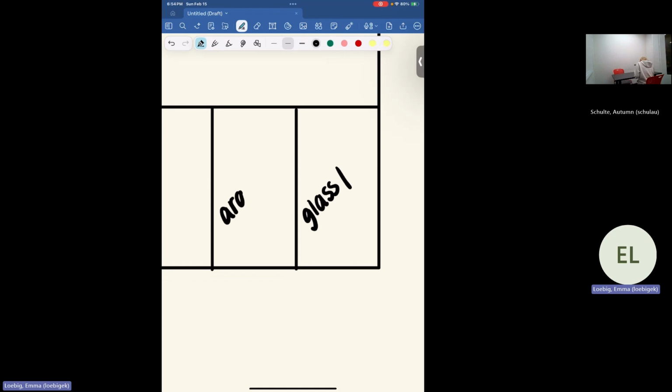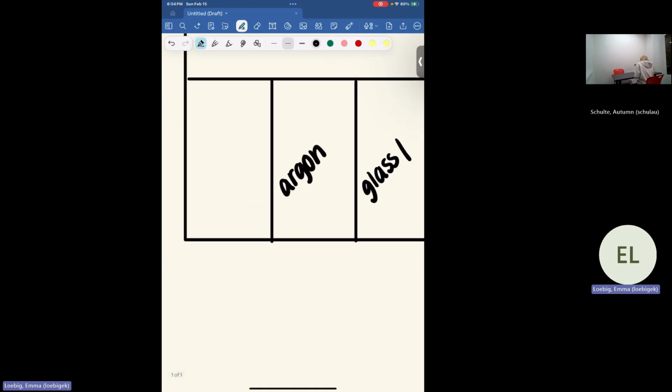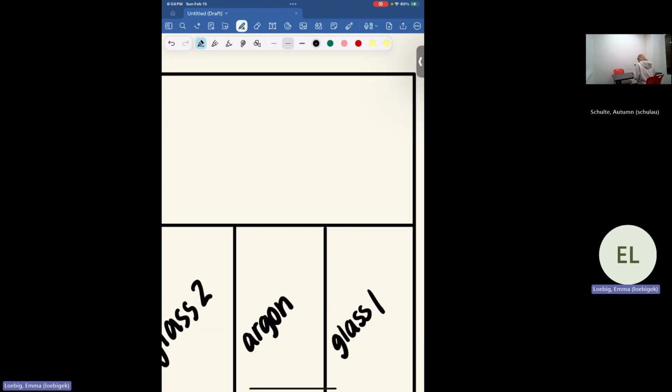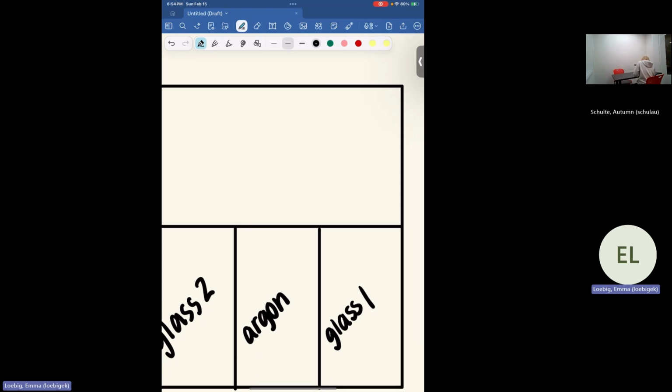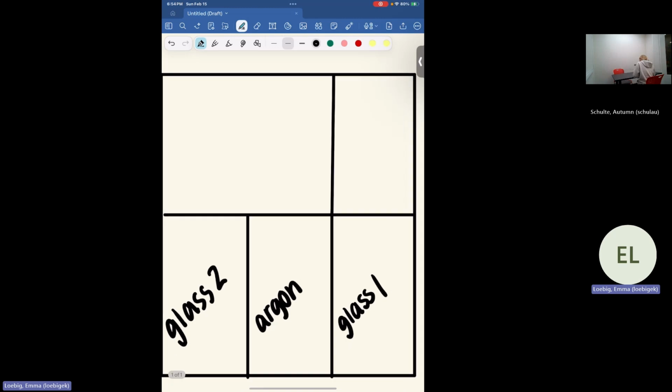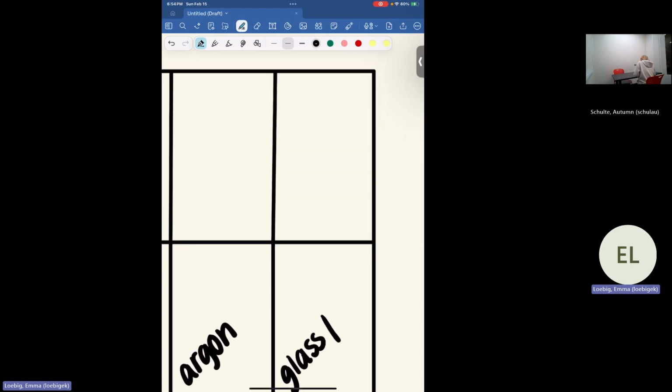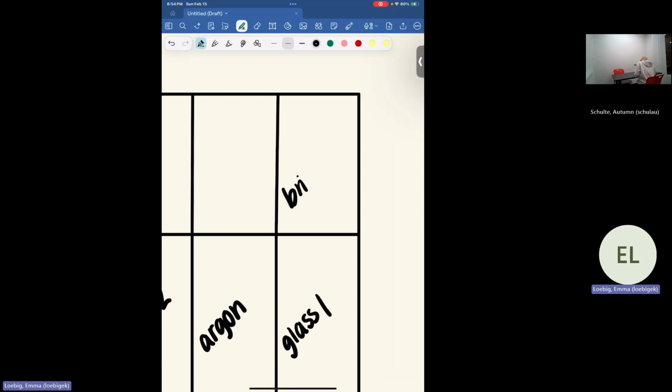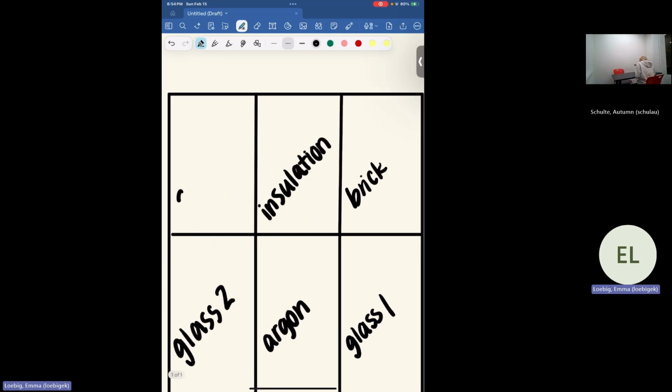Between the panes, there's going to be argon. And then our glass 2. And then up here, this is going to describe our wall. Our wall is going to have material, let's say this is brick, followed by insulation, and then studs.